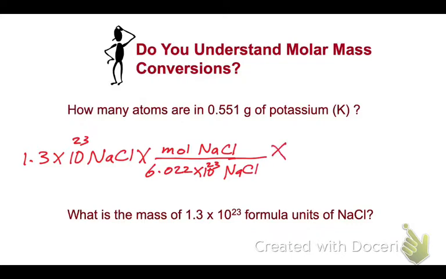Now I'm going to convert that into grams, so I'm going to have to calculate the molar mass of sodium chloride, which is 58.44 grams of sodium chloride for every 1 mole of sodium chloride. Now you do the math using your calculator.